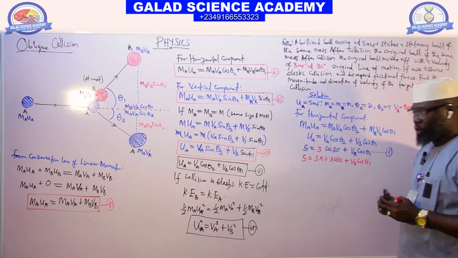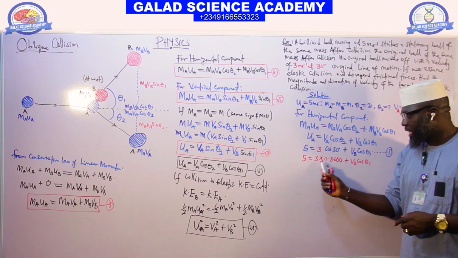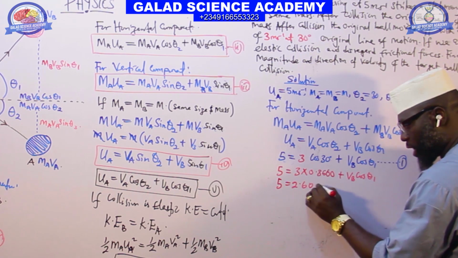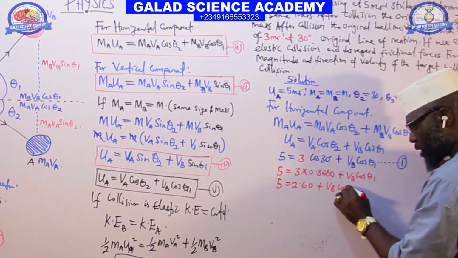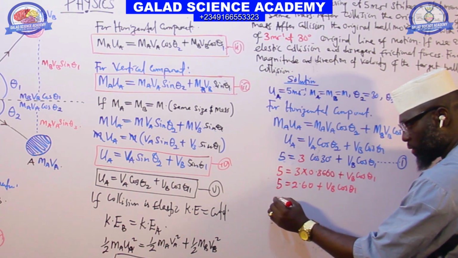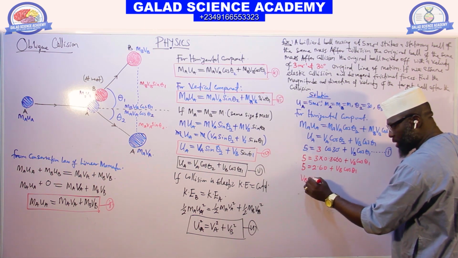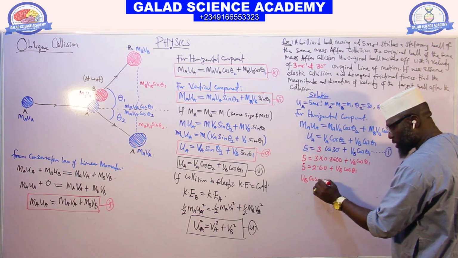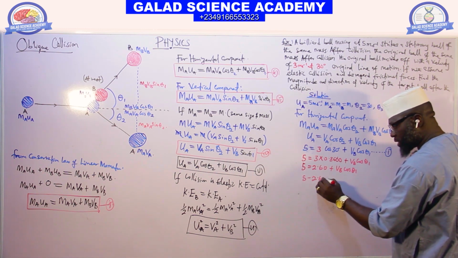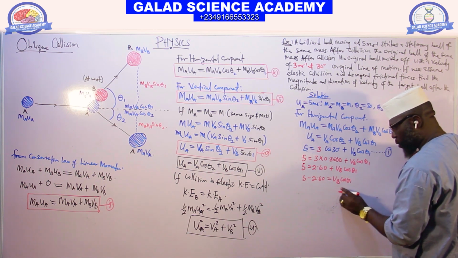Help me put the calculator for 0.5 times 0.3 times 0.860. You now have 2.60 plus VB cos theta 1. So 5 minus 2.60 is equal to VB cos theta 1.